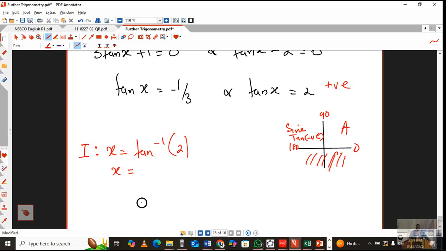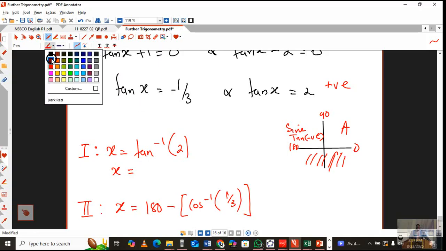So in that second quadrant, x is going to be 180 minus the acute basic angle. You put the minus there in order to isolate x.